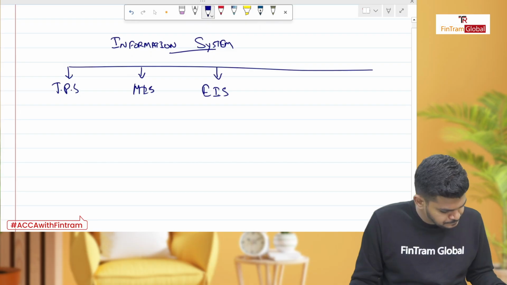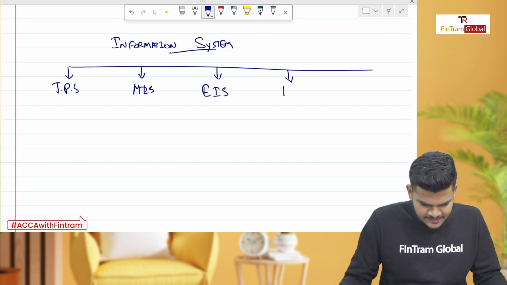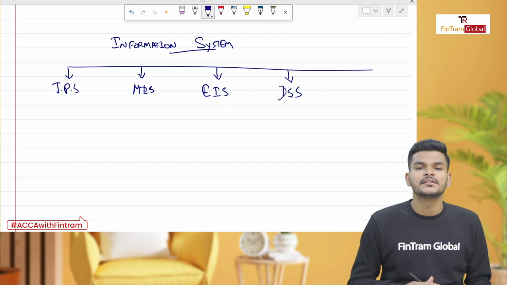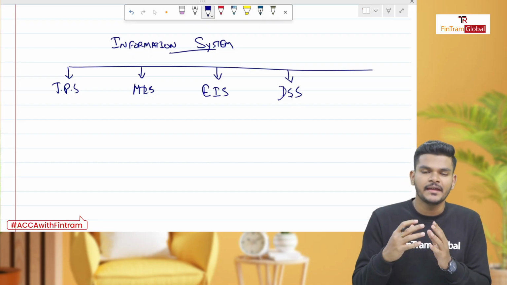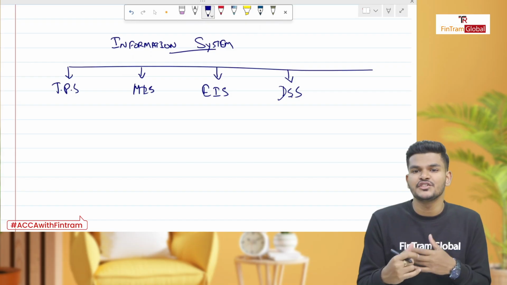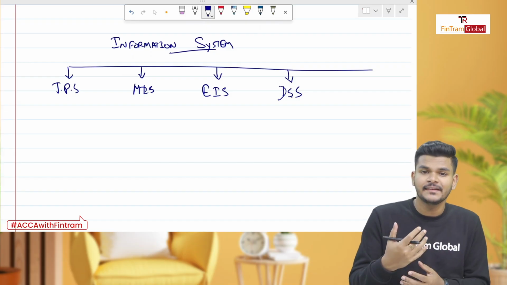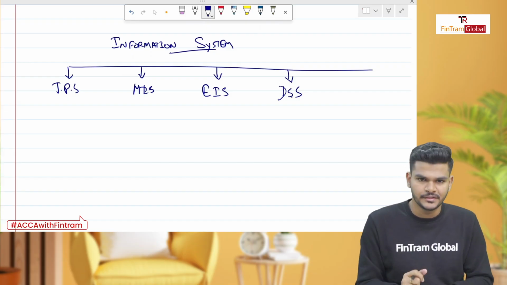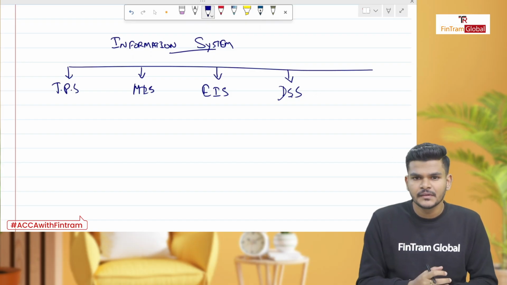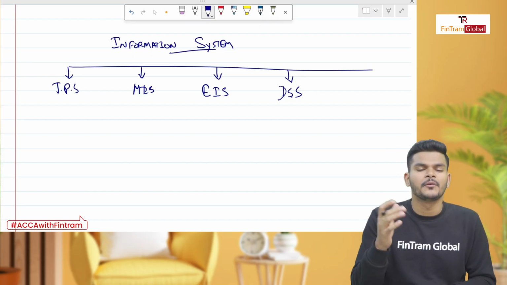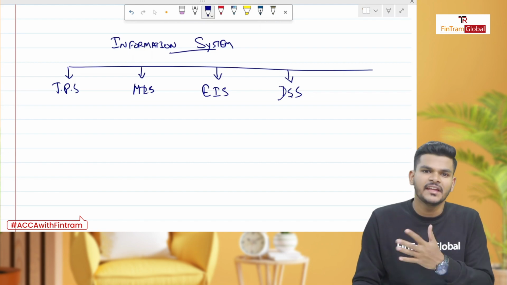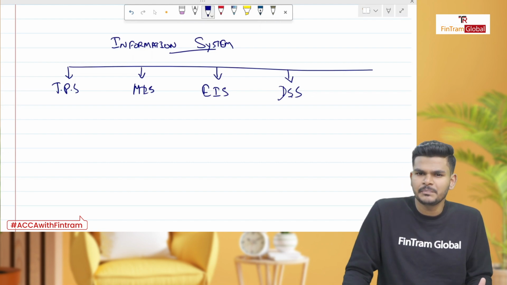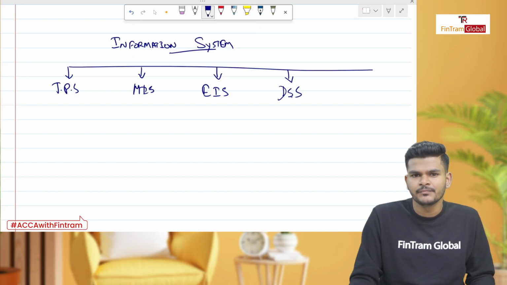And what else? There's another system, that is DSS, the decision support system. As the name suggests, it helps to make decisions by providing the managers with a sufficient level of information so that they can make a good informed decision. What is an informed decision? Let's say, for example, you're choosing your optional papers. You chose APM, and you're maybe choosing AAA or AFM, right? You wouldn't simply choose by tossing a coin. Well, you can't toss a coin because there are only two sides, but still.